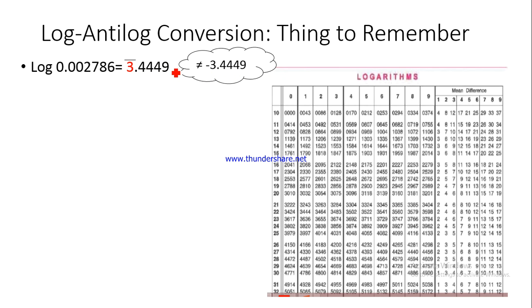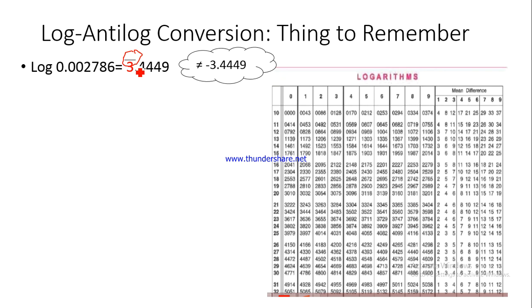Now the question that you might ask is, since 3 bar basically means a negative 3, so this is also minus 3 and this is also minus 3, so what is the difference? Please understand, I told you that the mantissa cannot be negative. It has to be positive, and that is why we have this system of bars, right? We have this use for bars while you are writing down the log of a particular number.